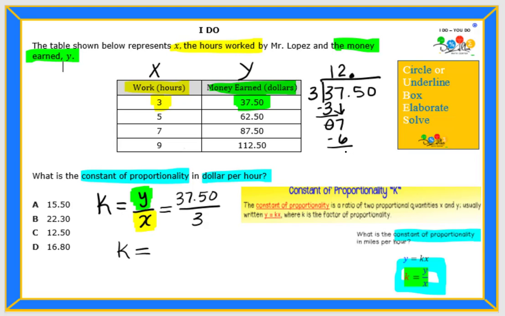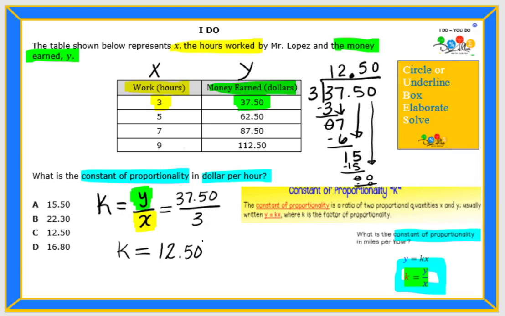If I subtract, I have 1 left over. Bring down my 5. 3 goes into 15 5 times because 5 times 3 is 15. Bring down that last 0. 3 goes into 0 0 times. And I am done.